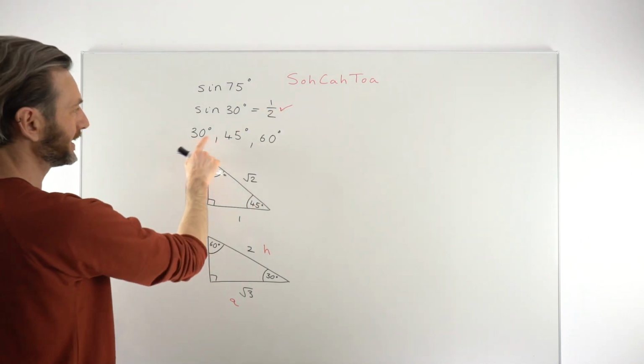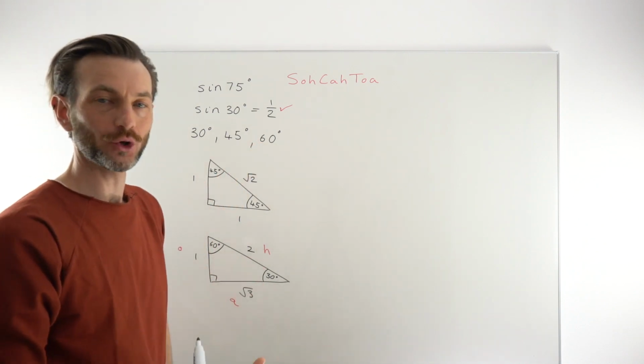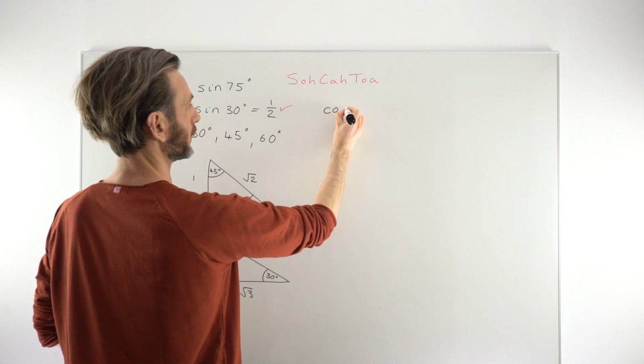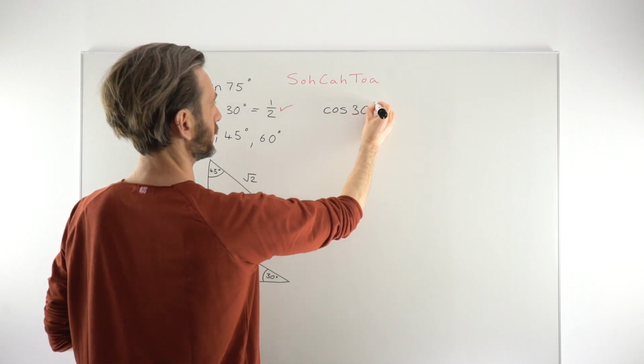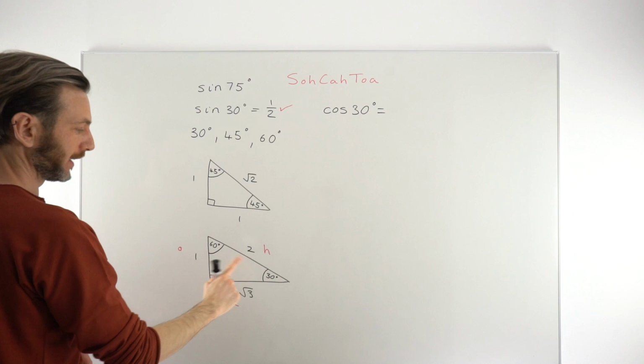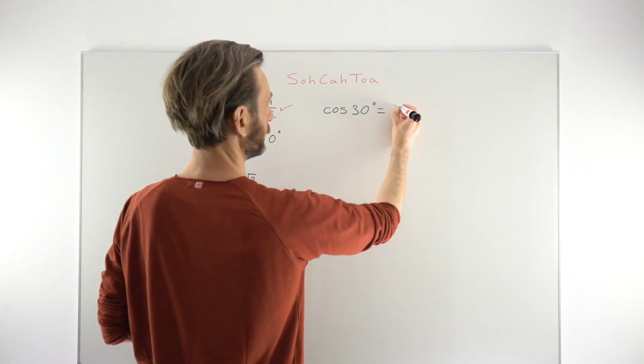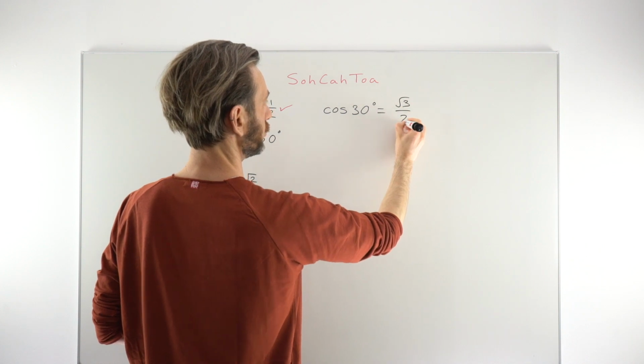So basically for any of these angles, for any of the trig functions, you can work out the corresponding value. If we wanted to do the cosine of 30 degrees, we would just turn to the same triangle. That's still the reference angle. This time it's going to be adjacent over hypotenuse, which comes out to be √3 over 2.